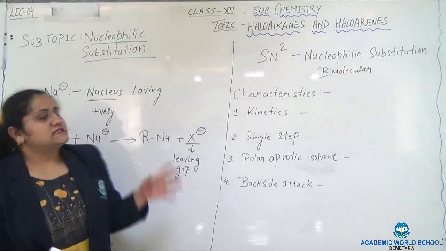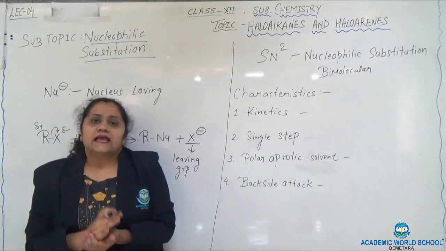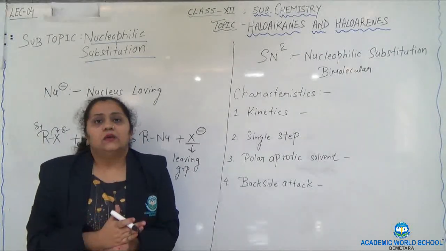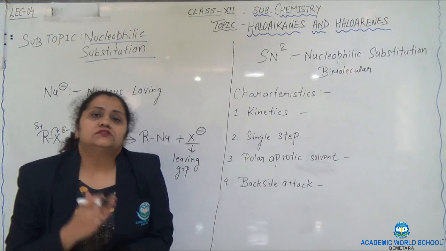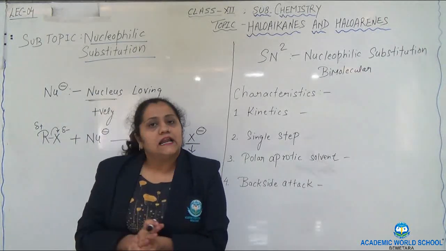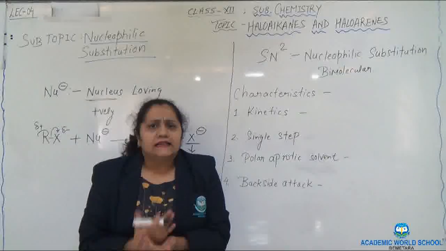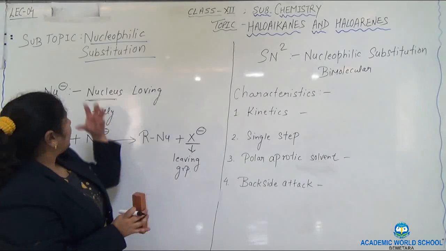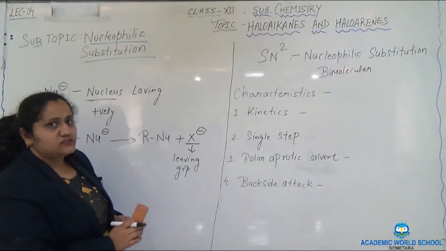The nucleophilic substitution reactions are of various types, and there are various nucleophiles which can attack haloalkanes and haloarenes. The most common nucleophiles we will deal with are the hydroxide ion, halogen ion, cyanide ion and so on. Then let us proceed toward the types of nucleophilic substitution reaction. We have two types.